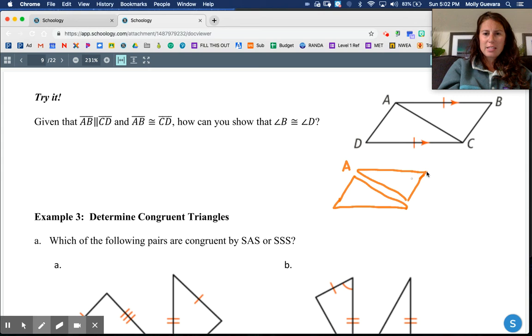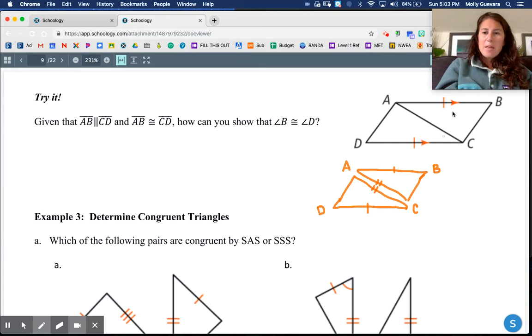Sometimes I think that's easier. If you don't think it's easier, I mean, do what you want, but sometimes I think it's kind of nice to see that. Okay, I know that DC and AB are the same. I don't know anything about AD or BC. I do know that AC is the same because, right, it's the same line in both triangles.